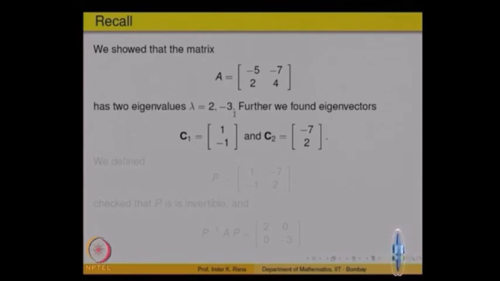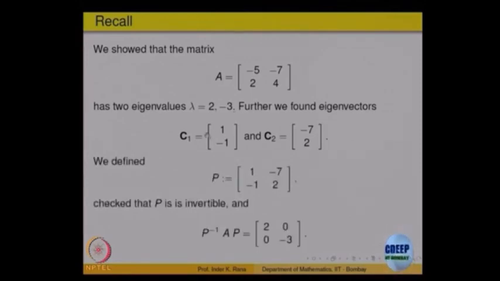This gave us the matrix P with the first column as the first eigenvector and the second column as the second eigenvector. Since these are eigenvectors corresponding to distinct eigenvalues, these two vectors are linearly independent, and as a result this matrix P has full rank, so it is invertible.